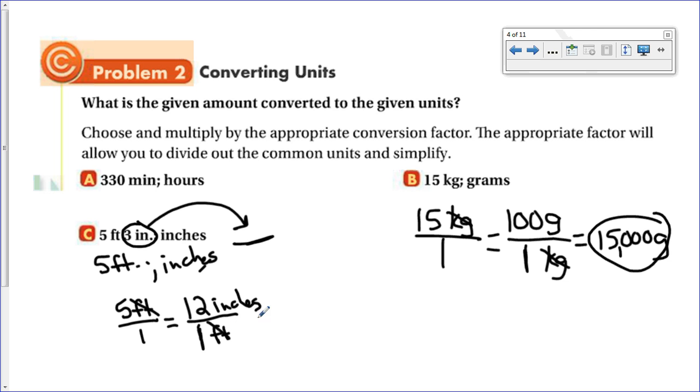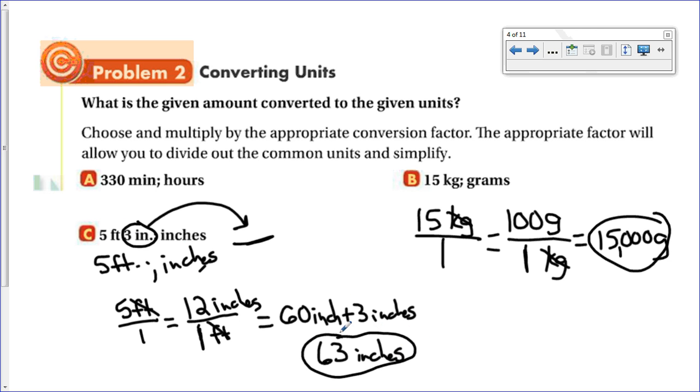The feet eliminate each other. 5 times 12 is 60, so this is 60 inches. However, we had this little 3 inches left here, so we have to add that back. 60 plus 3 is 63 inches. So 5 feet 3 inches equals 63 inches.